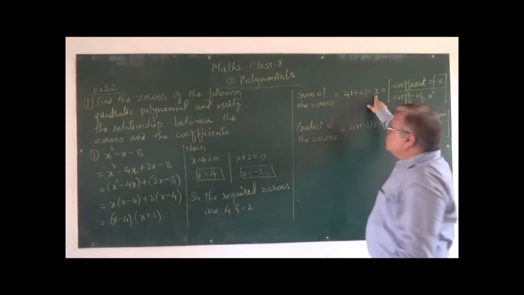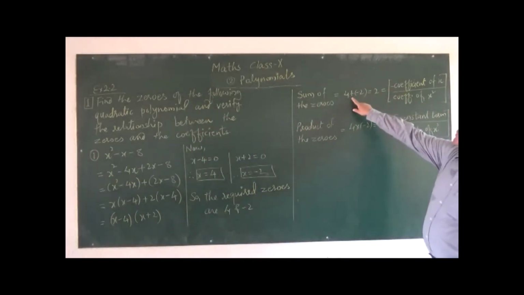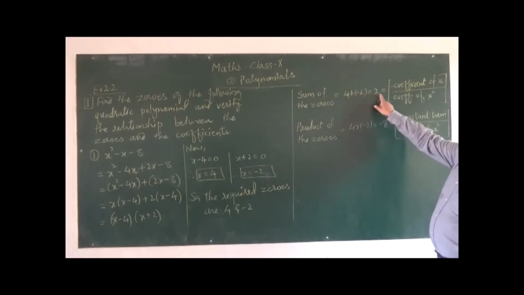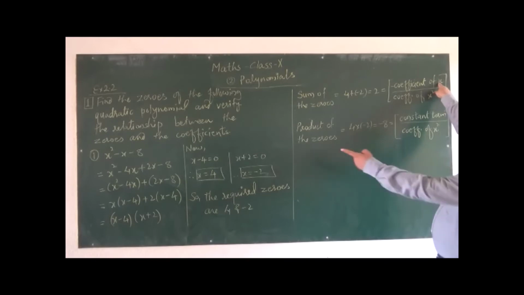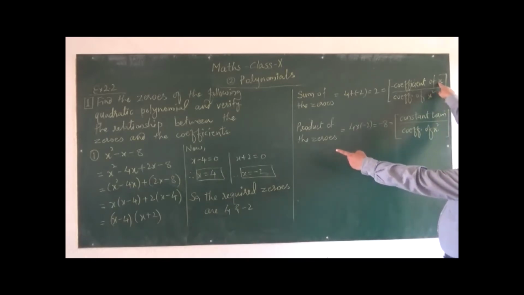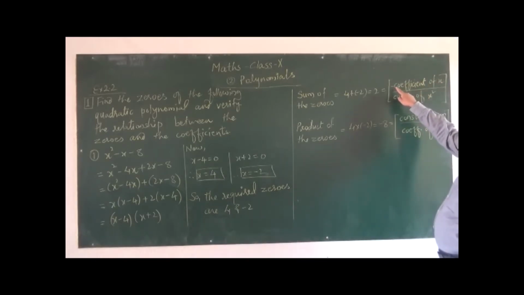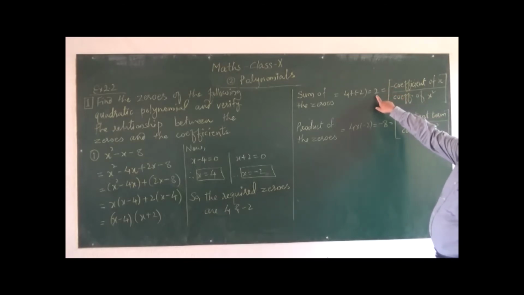So minus into minus 1 is plus 1, so here we got 2. And the coefficient of x square is 1, so 2 upon 1 is 2. So this is a verification.